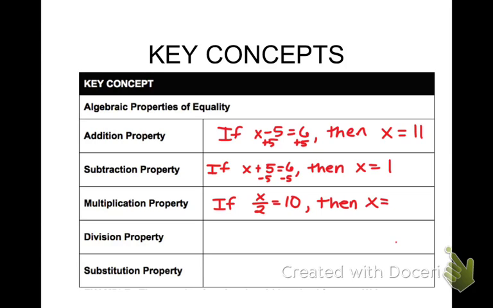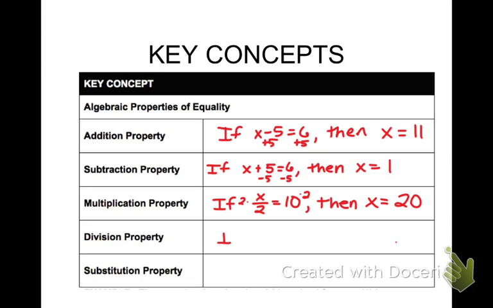Half of what is 10? 20. Good. Because how do I get rid of a divide by 2? We multiply both sides by 2, right? So multiplication, if you multiply both sides by something, then that's the multiplication property.